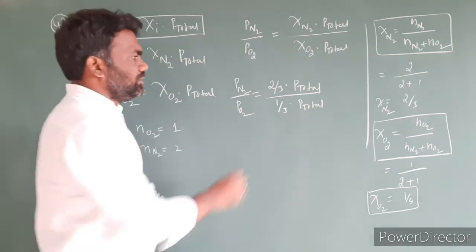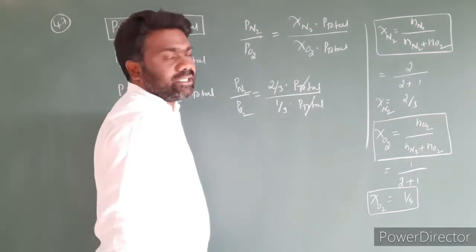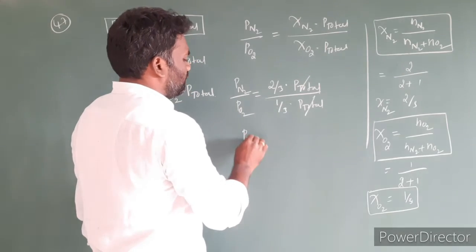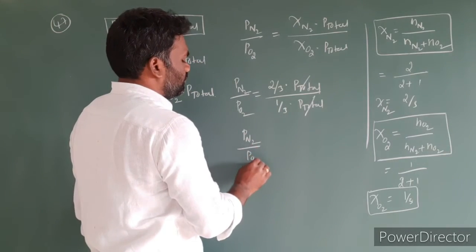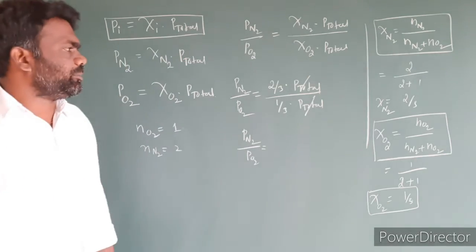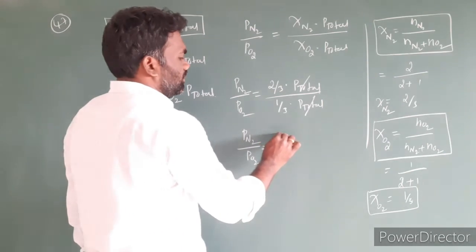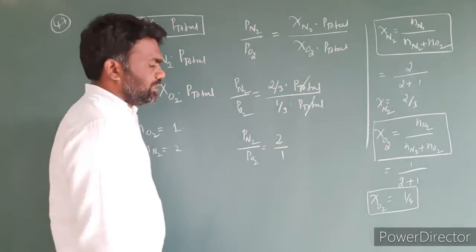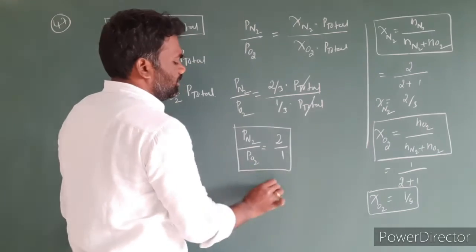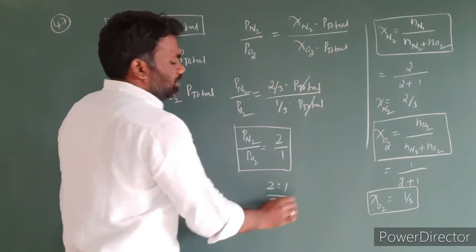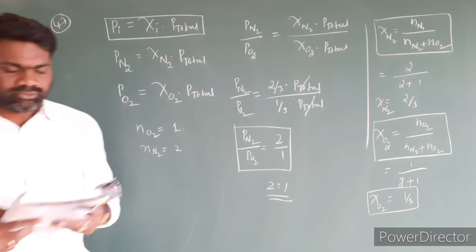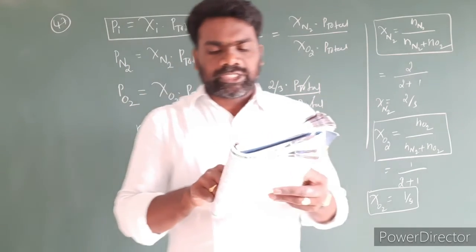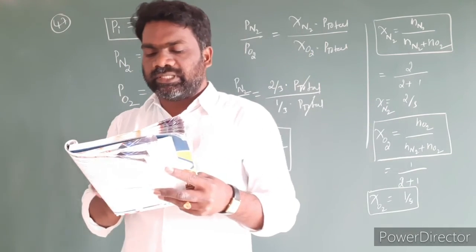Then P total gets cancelled. The partial pressure of nitrogen by the partial pressure of oxygen is 2 by 1, the simplest ratio, 2:1. The ratio is 2:1.